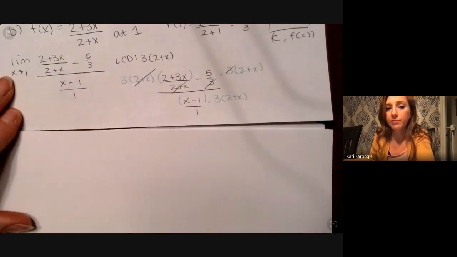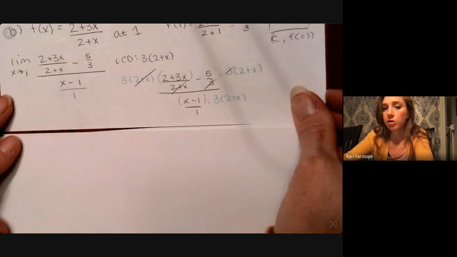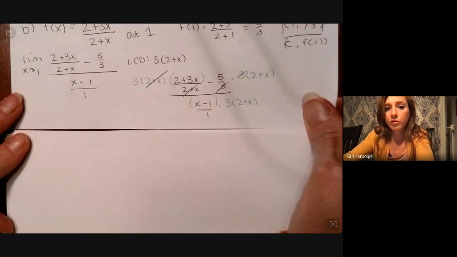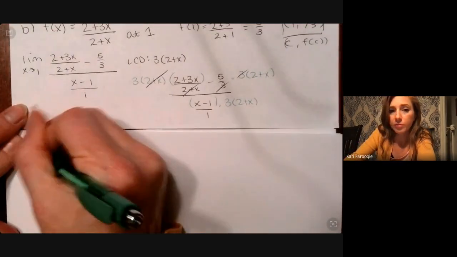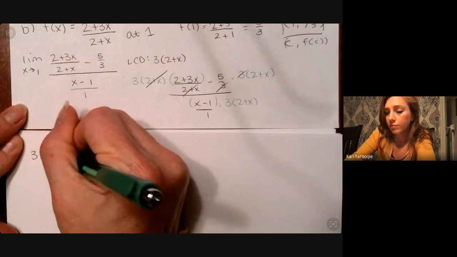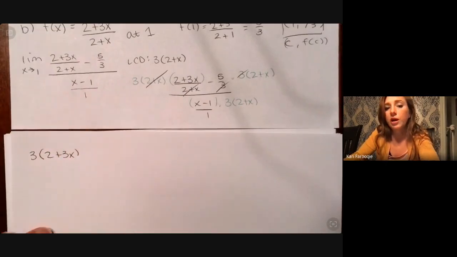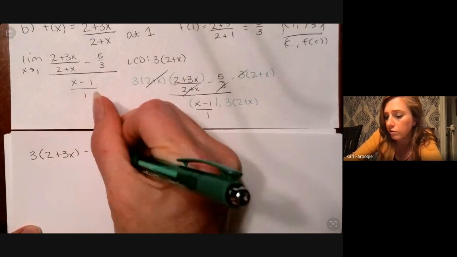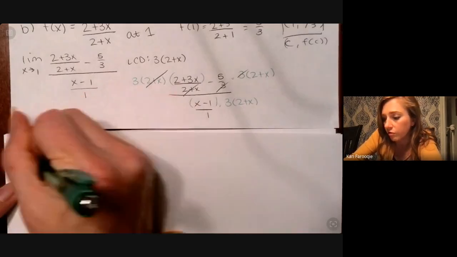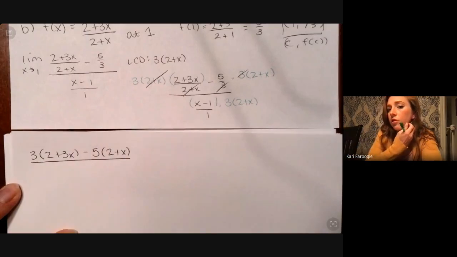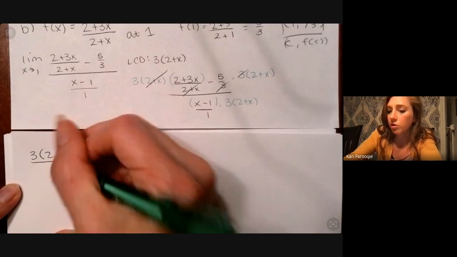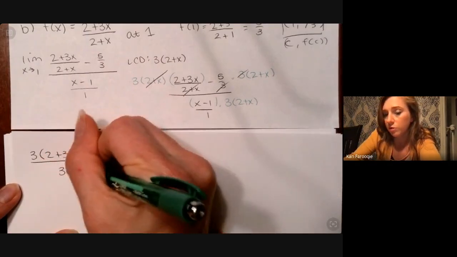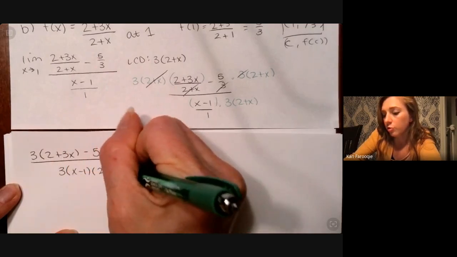And then we'll simplify. So in the numerator, in the first term, we have 3 times 2 plus 3x. In the second term, we have, let's see, 5 times 2 plus x. We'll distribute to simplify it in a minute. And we also have 3 times x minus 1 times 2 plus x.